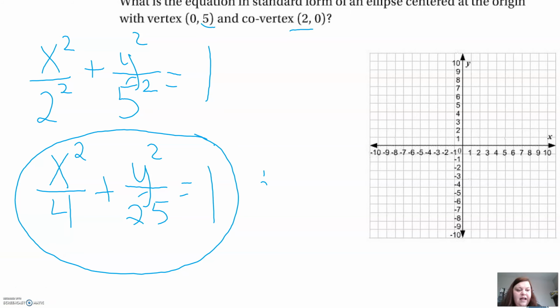So at 0, 5, and down here at 0, -5. And then we also have a point at 2, 0, and -2, 0. If we go to connect that, it looks something like this. Notice it's taller and not as wide.